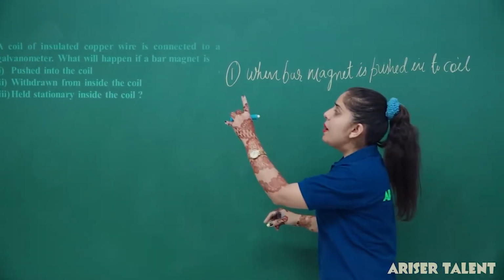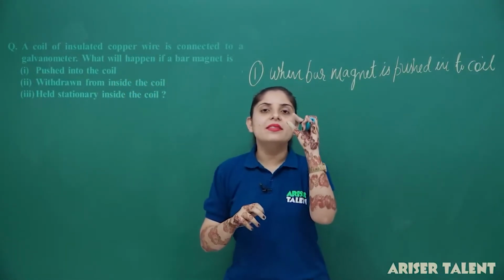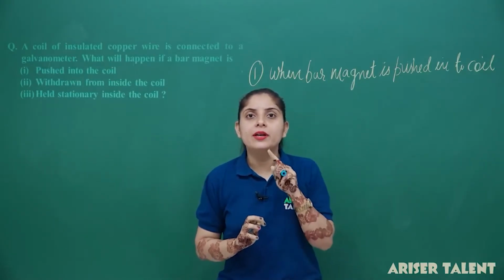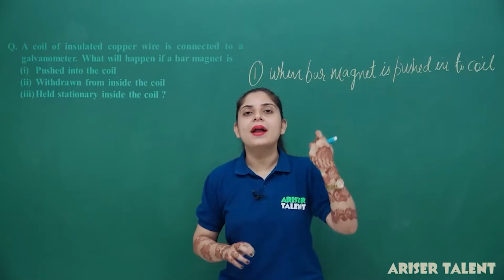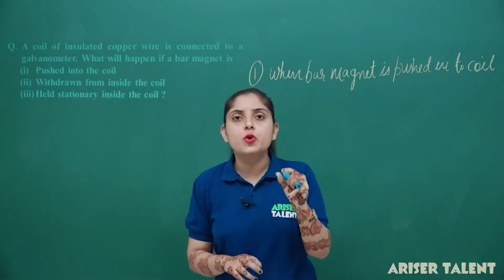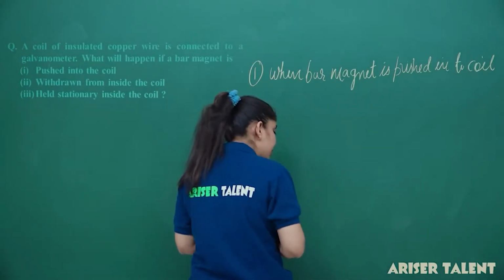If the bar magnet is pushed into the coil of insulated copper wire, then momentarily the galvanometer is going to deflect in a particular direction. Because you are pushing the magnet into the coil, the galvanometer will show a bit of deflection in a particular direction. So in this case, what actually happens?